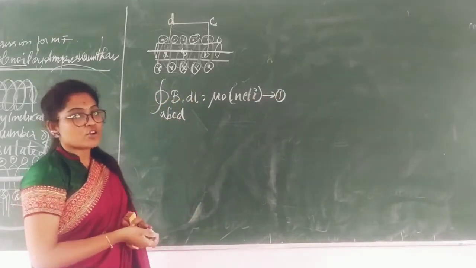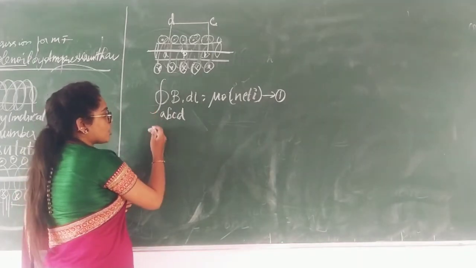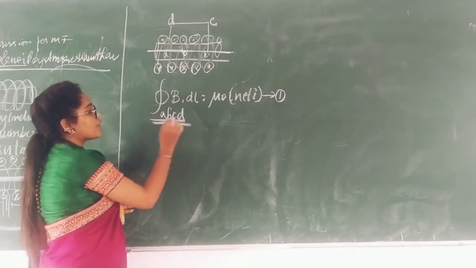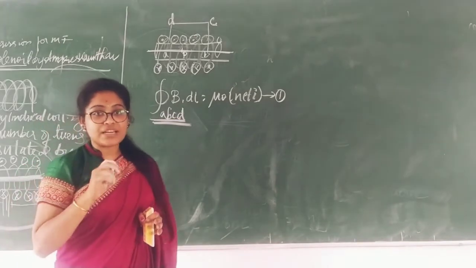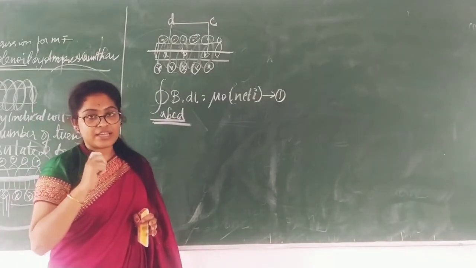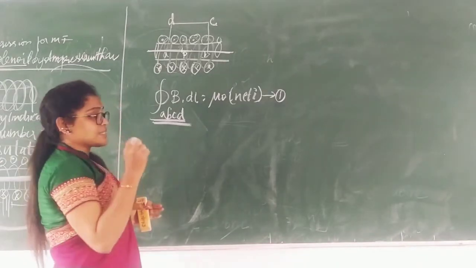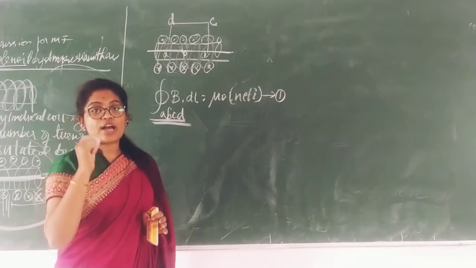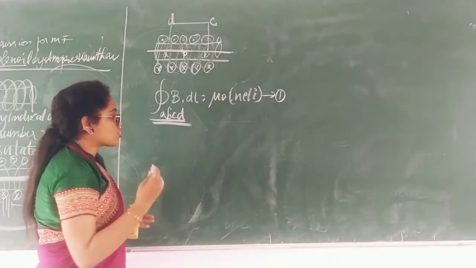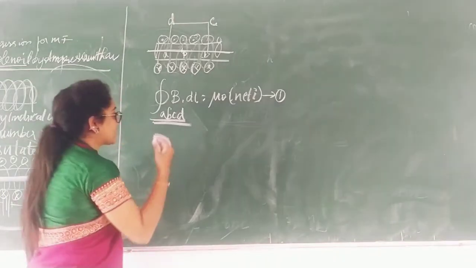Before going to solve it, it's very clear that we cannot identify the complete loop at one time. We should make a division because we have A, B, C, D. So what should I do? I should integrate it separately.